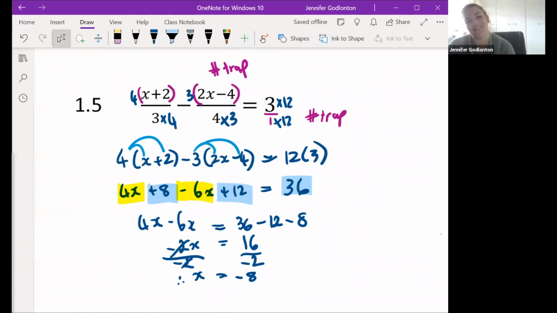Big well done to those of you who got the negative 8. If you didn't, let me know where you went wrong. I'm very curious to hear if you fell for one of my traps, if you fell for my trap on the right, or if you fell for my trap with the brackets. If you fell for either of those, let me know. But yeah, tell me how this question went. Give me an idea of at which point things went south. Or if you found it really easy and you were able to do the whole thing, that's also great.